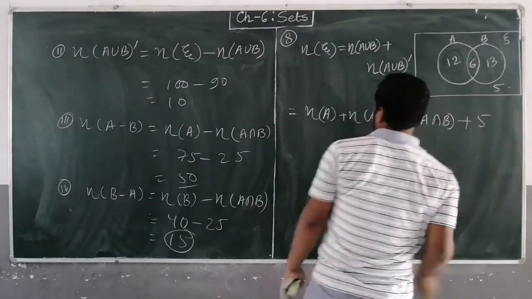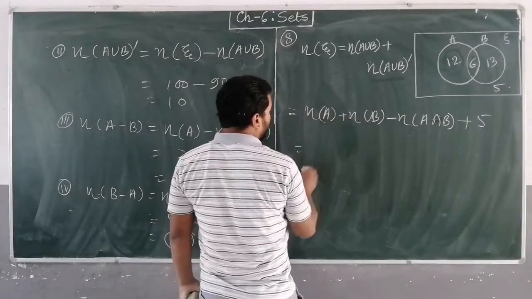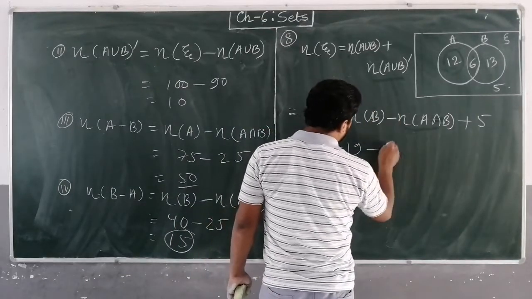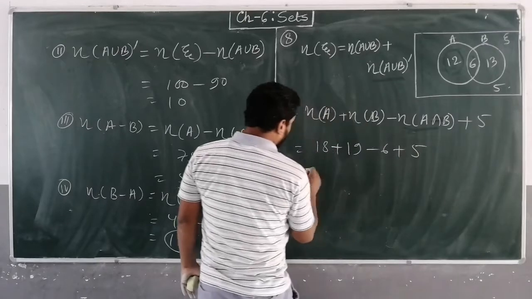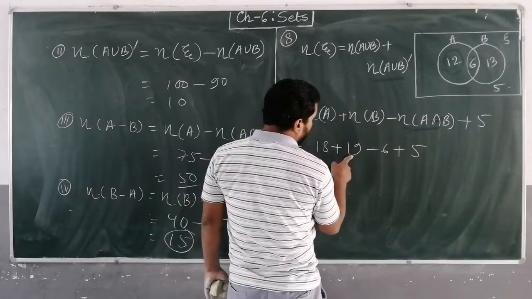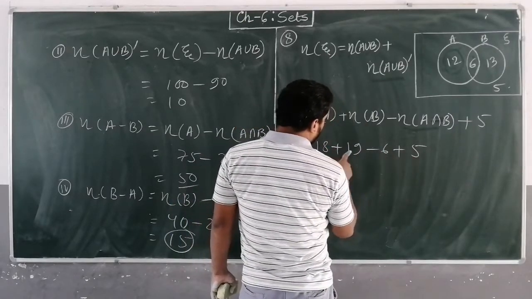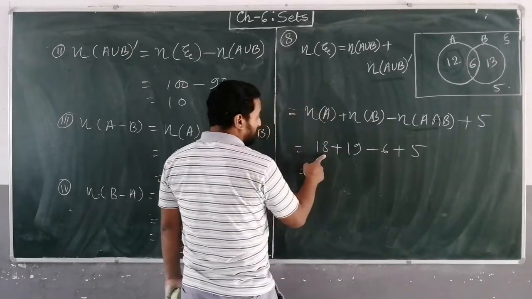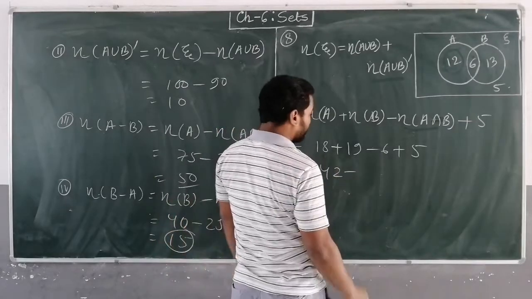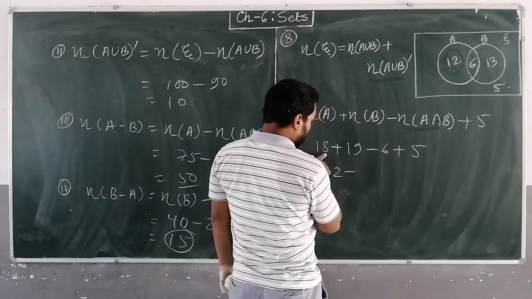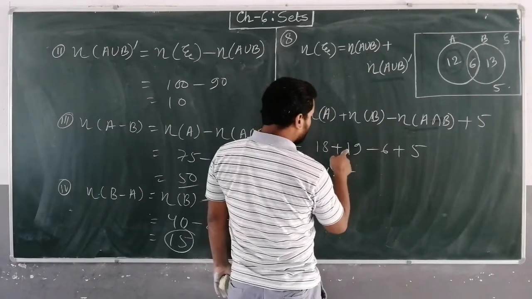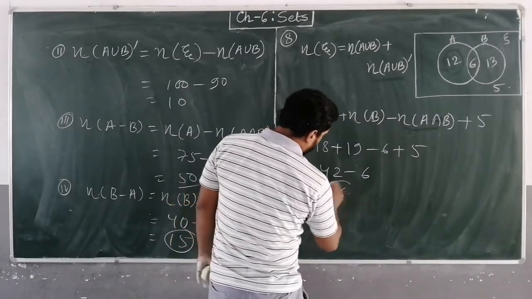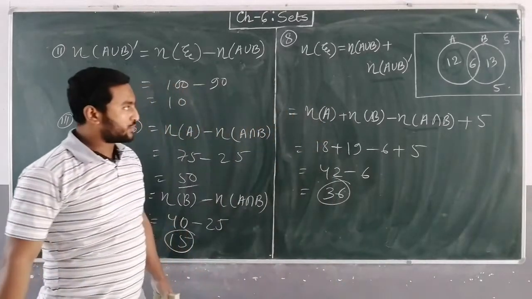So plus 5. So this is equal to cardinality of A, given 18, cardinality of B, given 19, minus 6 for A intersection B, plus 5. So add the positive ones, 18, 19 and 5. 19 and 5 is 24, 24 and 18 is 42. Minus 6, so it will be 36. n(xi) will be equal to 36.